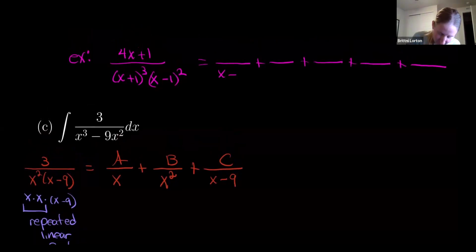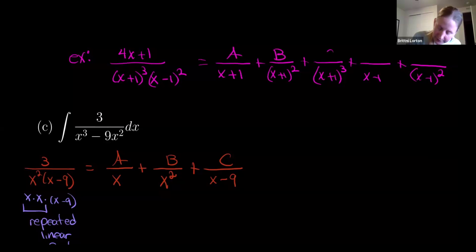The first one is going to be the x plus 1, and then it's repeated, so it shows up repeated. And in this case, because it was cubed, it shows up 3 times. And then you would have the x minus 1 the first time, and then the x minus 1 squared. And then you would have, in this case, A, B, C, D, and E, a little bit harder. Hopefully that helps you visualize how you set up the repeated linear factors for partial fraction decomposition.